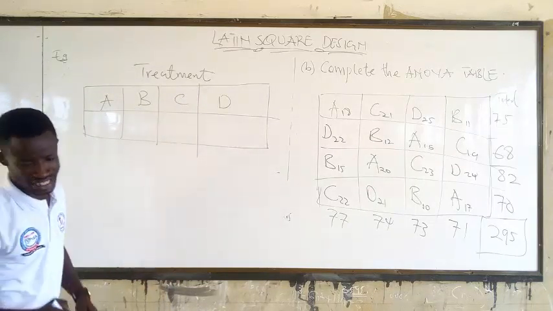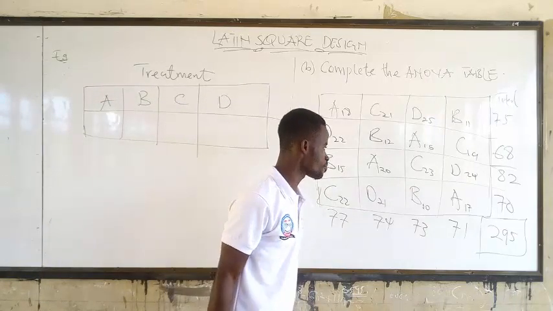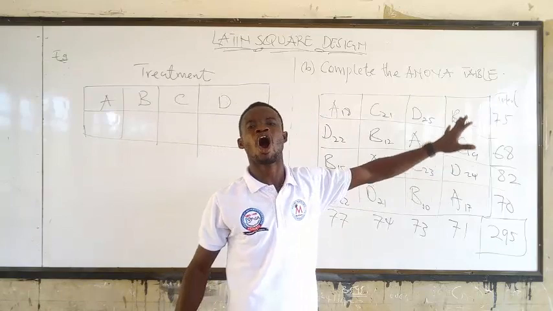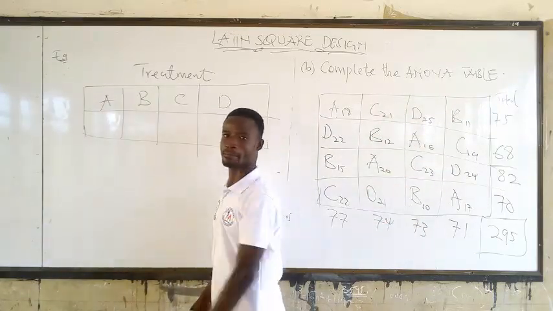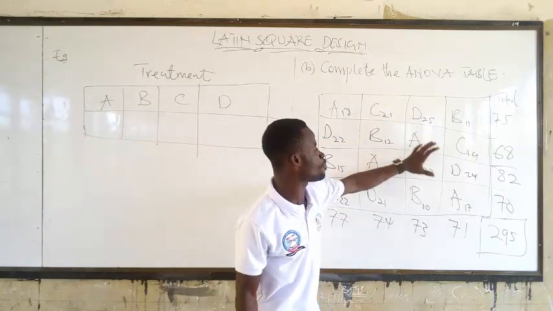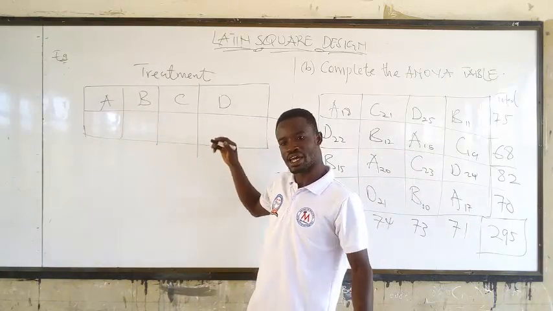So this is the treatment. When you come here, you sum all the A's up and write it here. You sum all the B's up and write it here. In the same way, the C and the D.